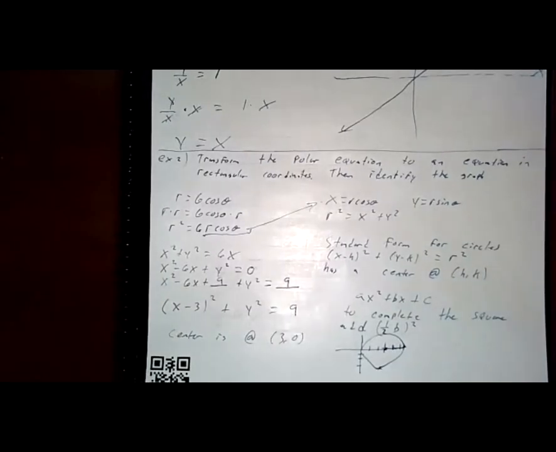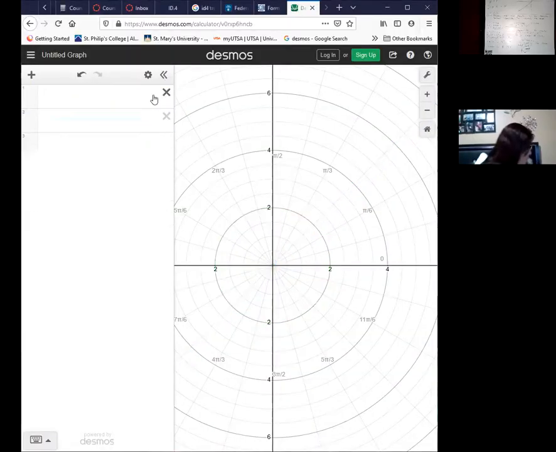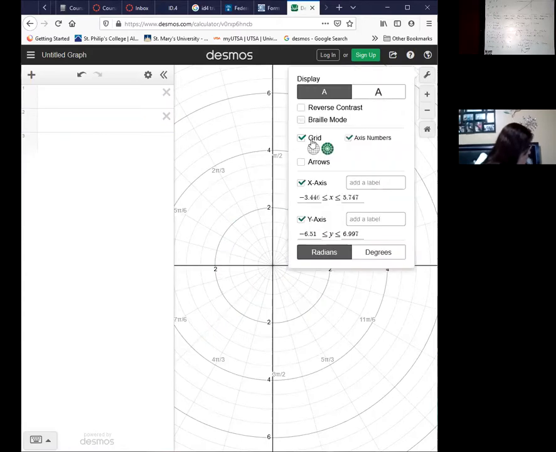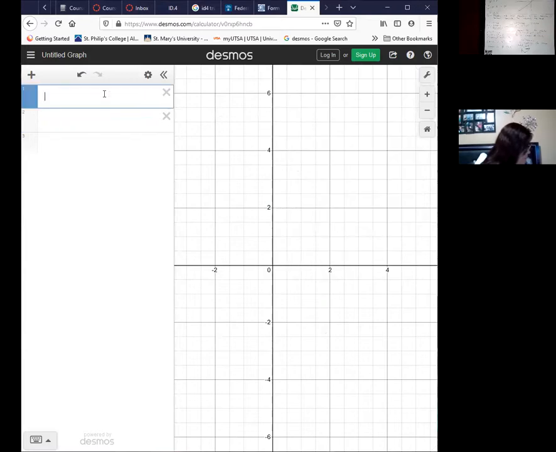Let me show you the prettier graph on the online grapher. So it'll be x minus 3 squared plus y squared equals 9.